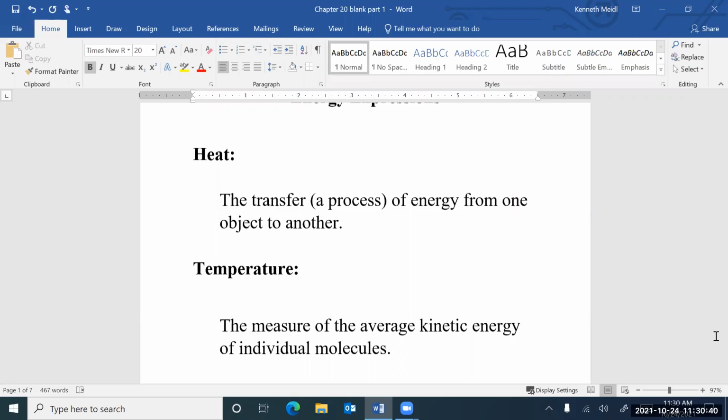So as long as that keeps boiling, eventually that spoon is going to go to that same temperature. So you might want to have some sort of wood or plastic handle or something like that. So there's some insulating material that does not conduct the heat very well through. Okay, so two definitions here, pretty important. So heat is this transfer of energy from one object to the other object.